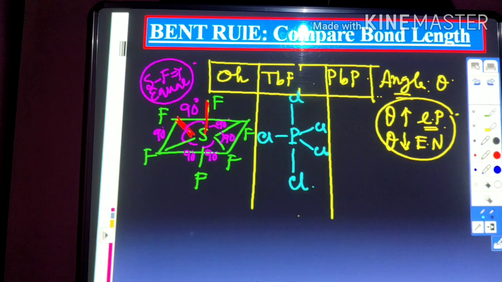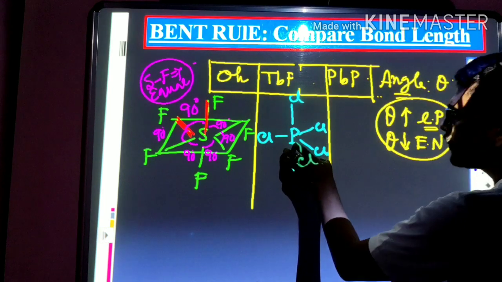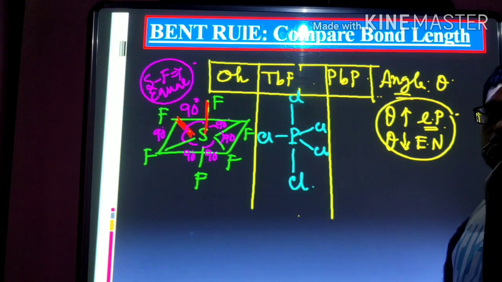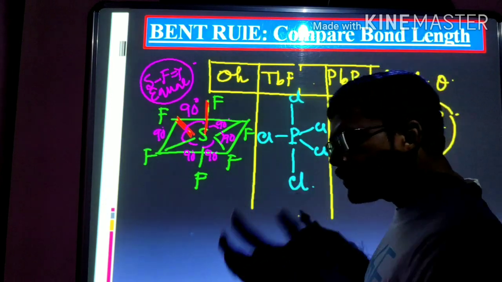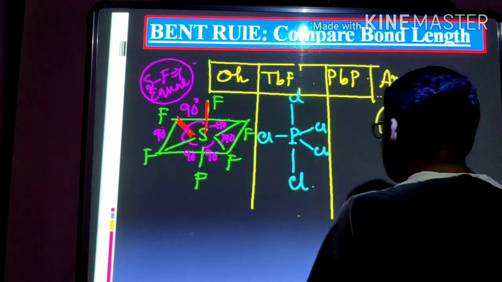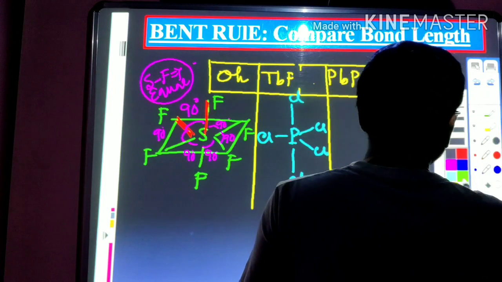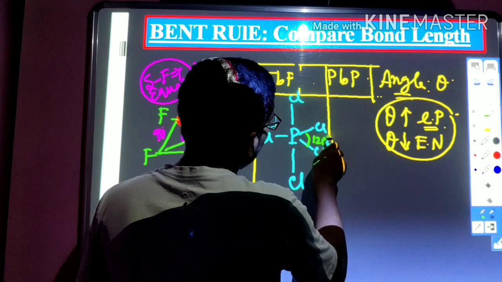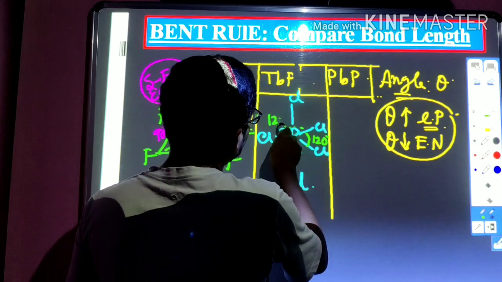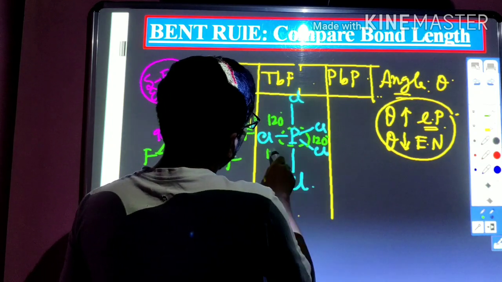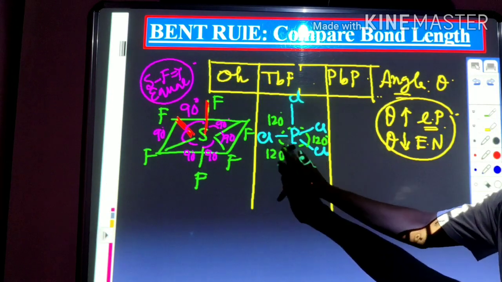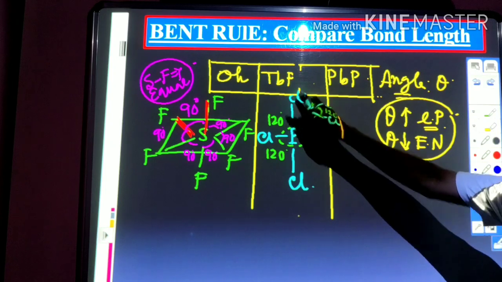In PCl5, there are two types of angle. When there are two types of angle, there will be a change in the percentage of S character. What is the angle here? This is 120 degree, and this will be 120 degree, right? In this plane, this is trigonal bipyramidal.